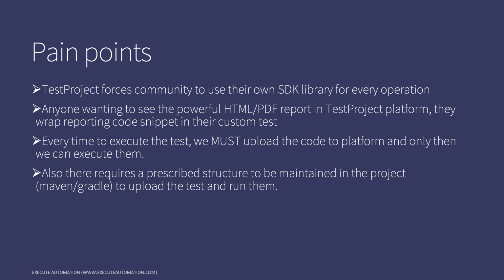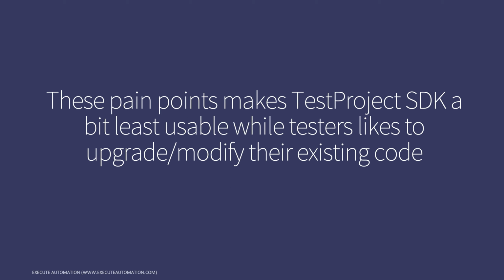These are some of the pain points which the community felt TestProject needed to address so that the experience would be more seamless. These pain points make TestProject's SDK a bit less usable when testers like to upgrade or modify their existing code to TestProject's code.